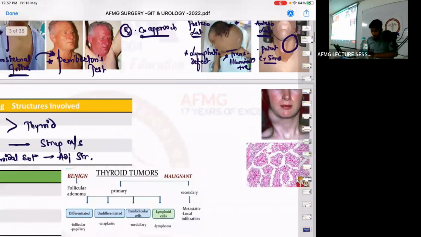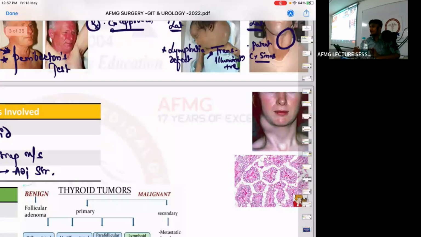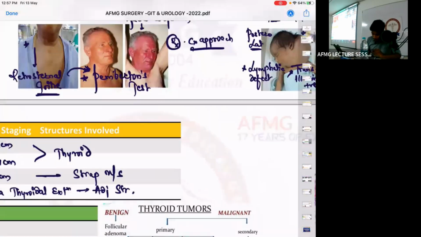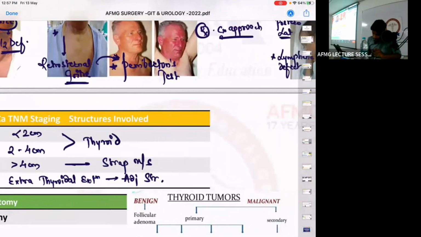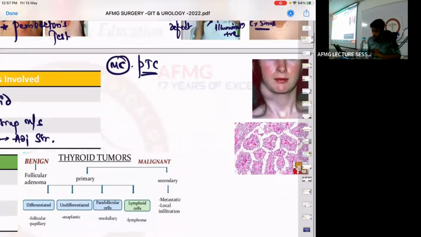Shabash. Now, if a patient is having thyroid cancer, it can be of multiple types. It can be a differentiated thyroid cancer, like papillary thyroid cancer or follicular thyroid cancer. Most common thyroid cancer, anybody? Very good. The most common thyroid cancer is papillary thyroid cancer.